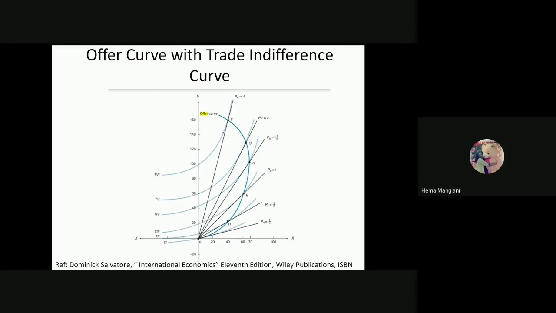When nation one supplies more of commodity X for exports, suppose Px by Py is greater than this position, up to this position we are definitely offering more. This is one fourth, this is half, this is one, but now it is not increasing at the same pace. It means this is half, this is half, and then it is converting into the backward bending.